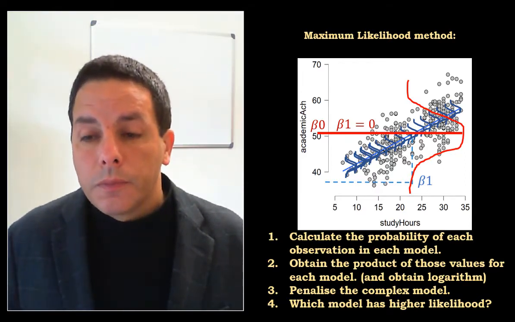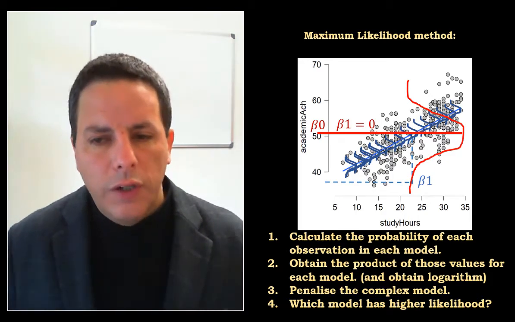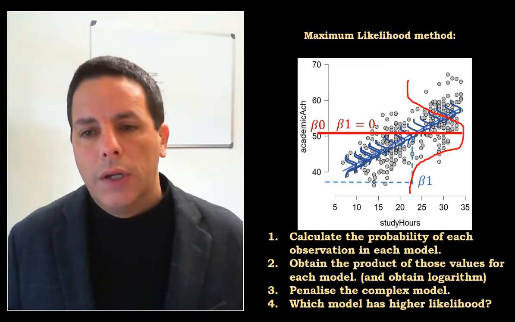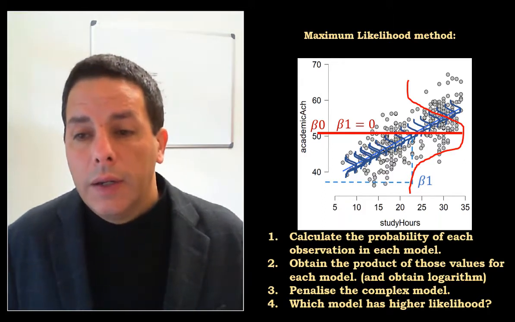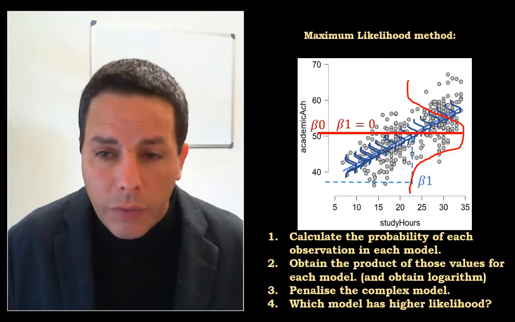Now, we do that for these two stages with the two models. I explained just now how to do it with the model with one parameter. The model with two parameters is slightly different.